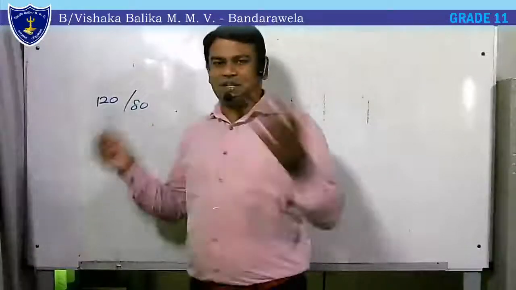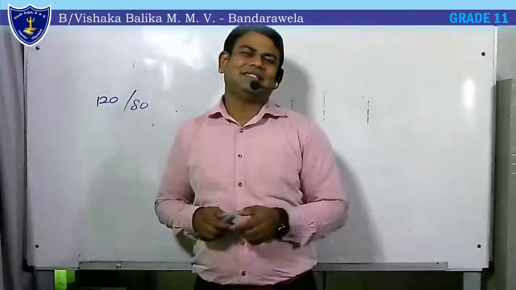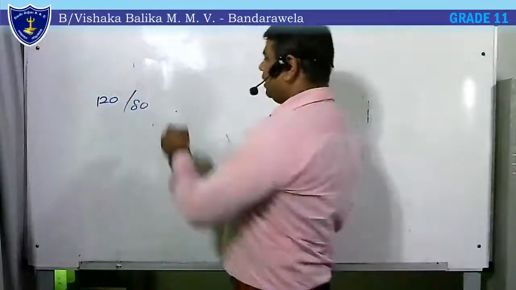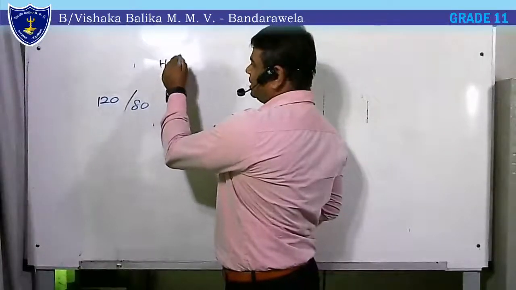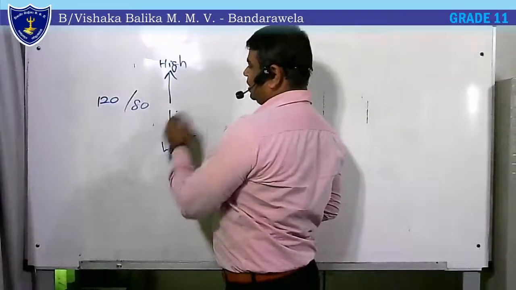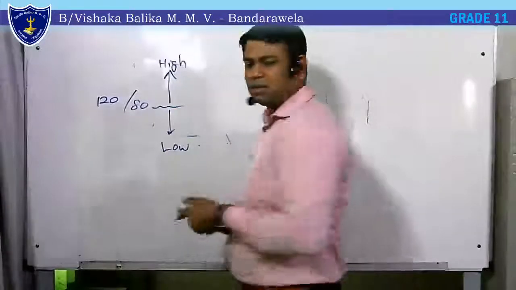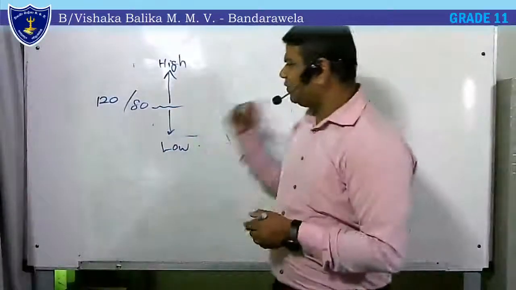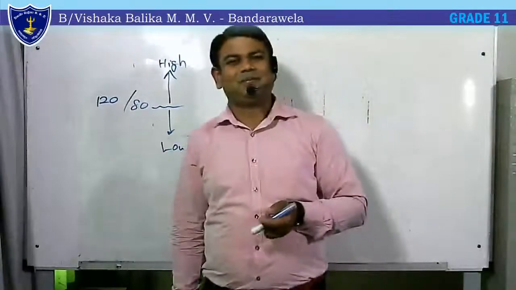This is a normal pressure. But what do they mean by pressure? They mean higher pressure than this, meaning hypertension, or hypotension, lower pressure. Both are kinds of disease conditions or ailments. Therefore, high or low pressures are diseases.